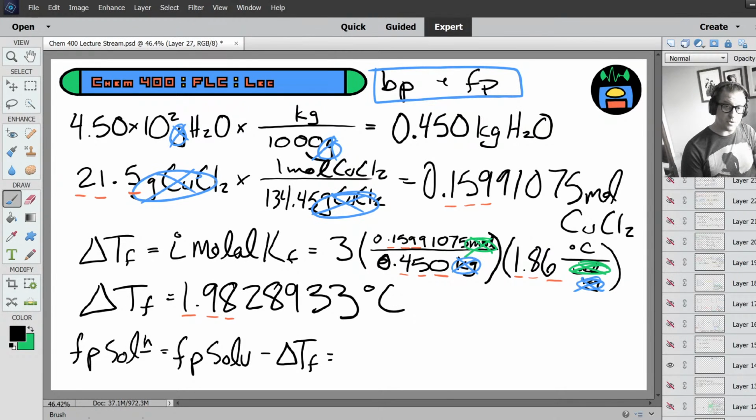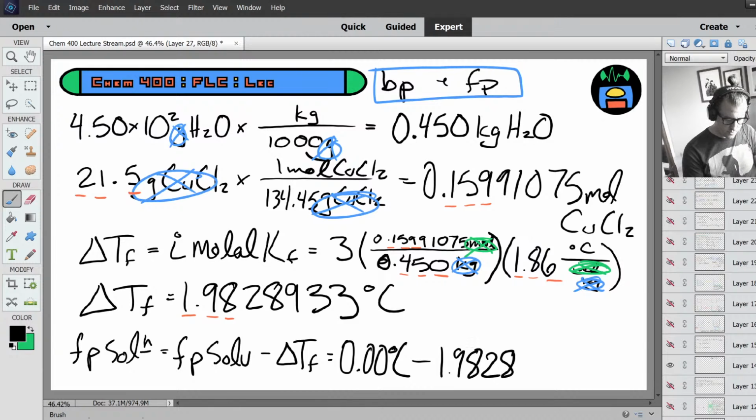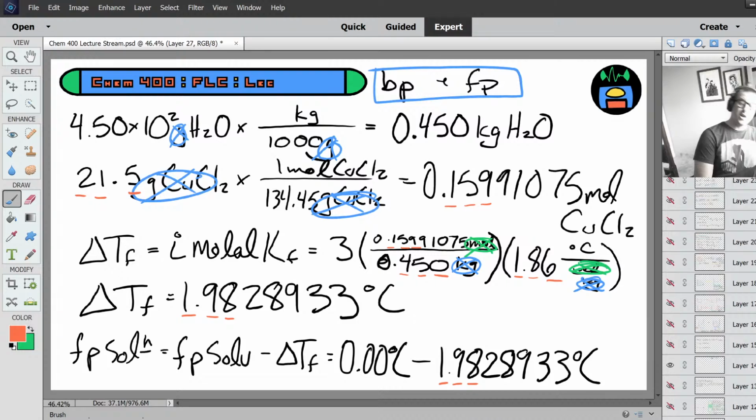We're dealing with water, though, which happens to have a freezing point of 0.00 degrees Celsius minus 1.9828933 degrees Celsius. Now, because water's freezing point is 0, our freezing point of the solution will actually be equal to our change in freezing point.